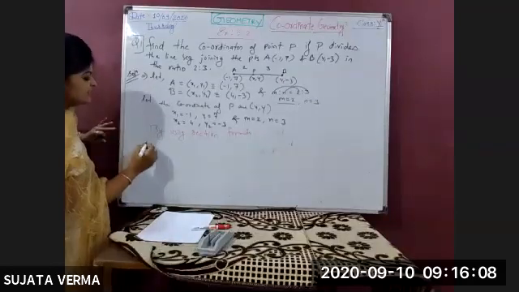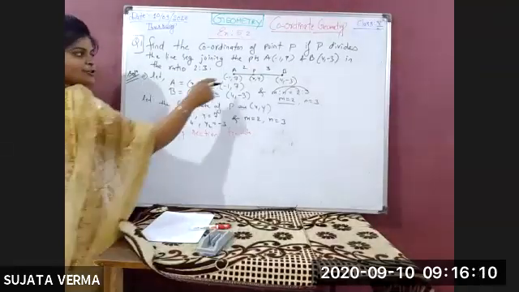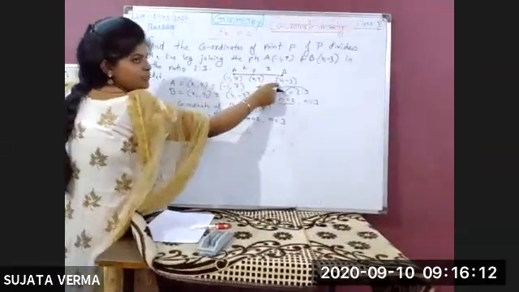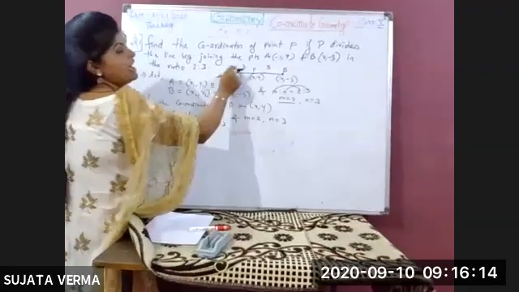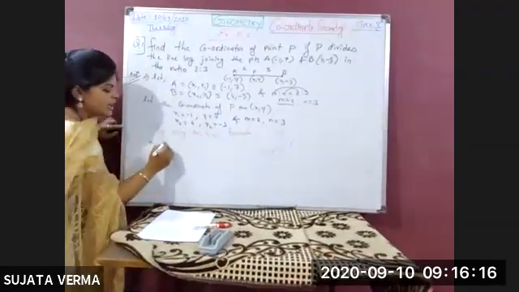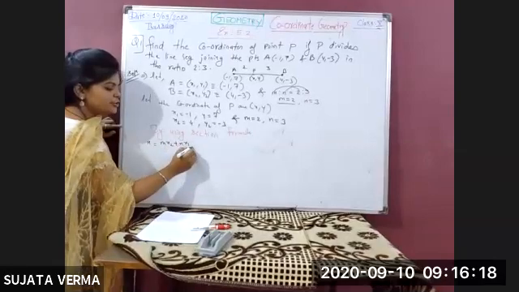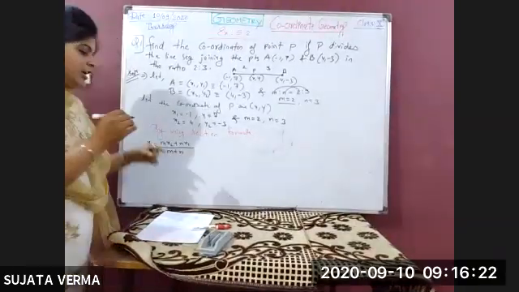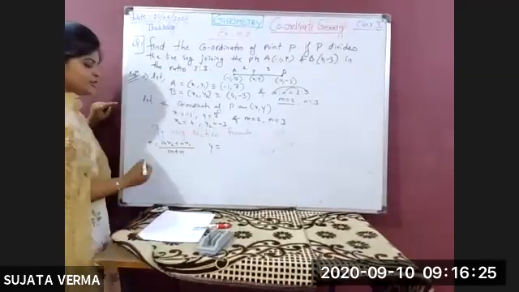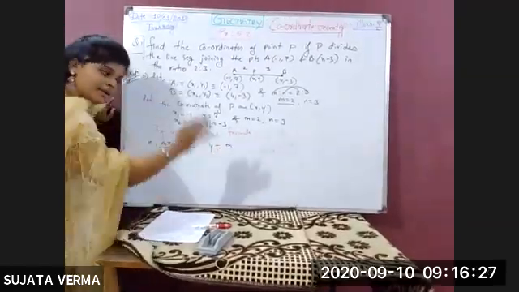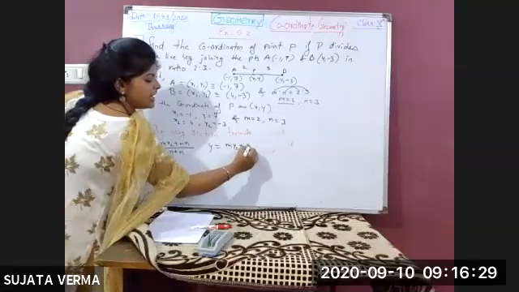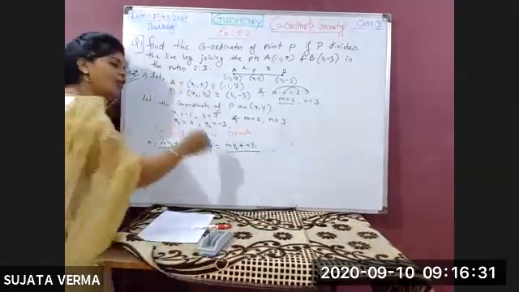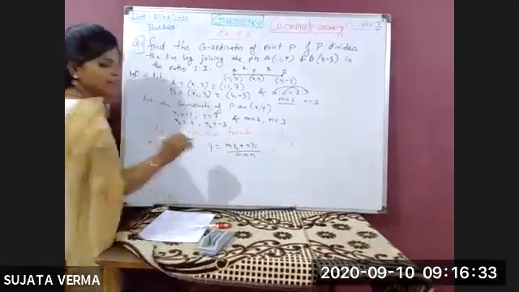By using the section formula, first write down the formula. x is equal to (m into x2 plus n into x1) upon (m plus n). And the y coordinate is equal to (m into y2 plus n into y1) upon (m plus n).